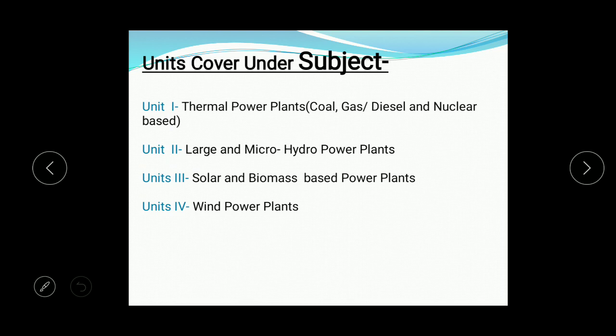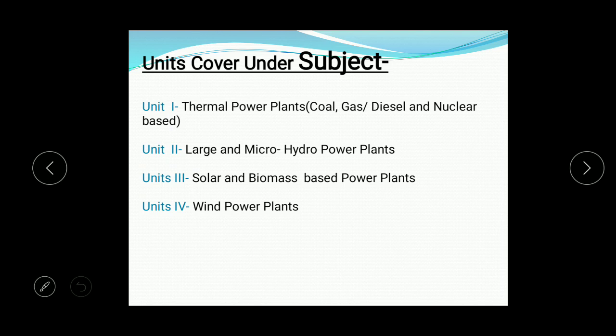Then the next unit is wind power plants. In wind power plants, we see the map of India showing where wind power plants are established, and then we see horizontal and vertical axis wind turbines. Also, the electrical generators used in different large wind power plants: constant speed electrical generators and variable speed electrical generators.